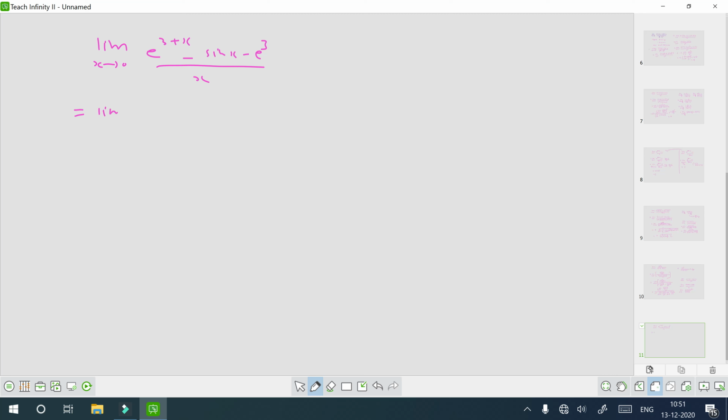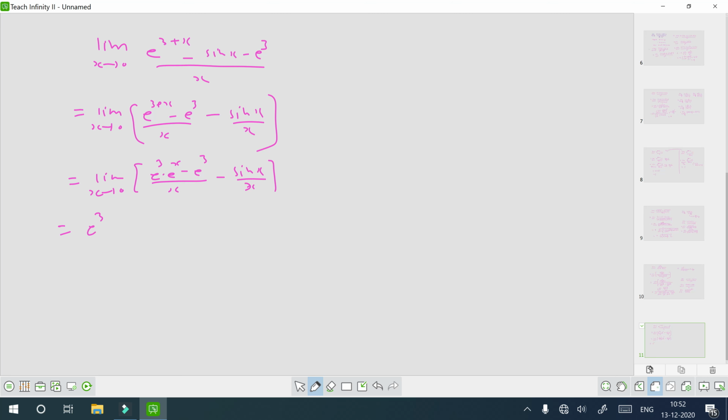That is equal to, can I write, limit x tends to 0, e raised to 3 plus x minus e cube minus sin x. Give x to both terms. Now the hint is this. From the very first term, can I write e cube into e raised to x minus e raised to 3 over x minus sin x over x? Yes, we can write it.